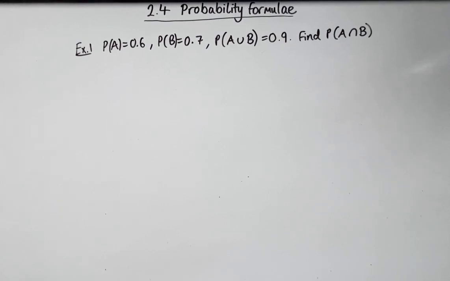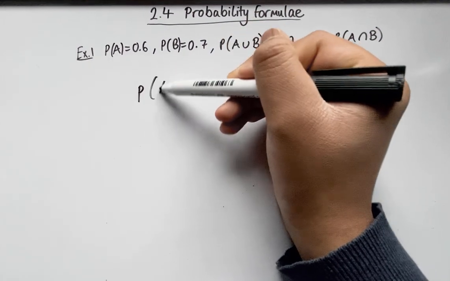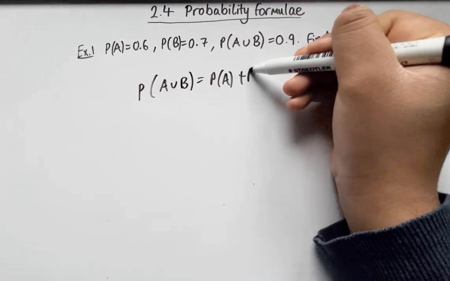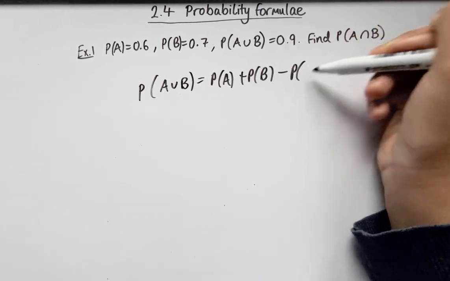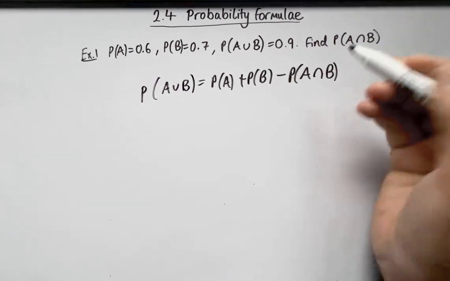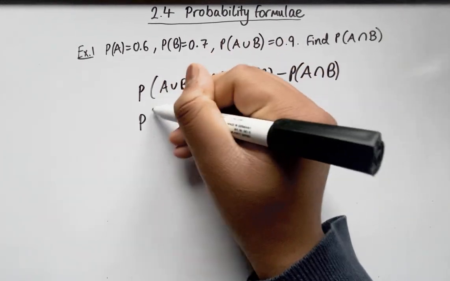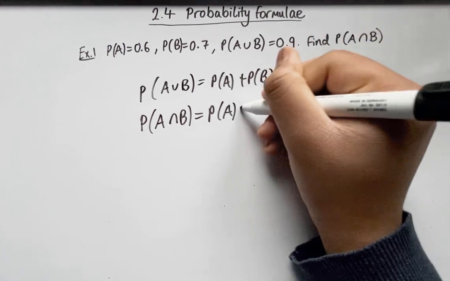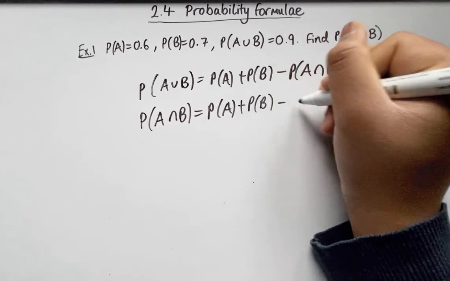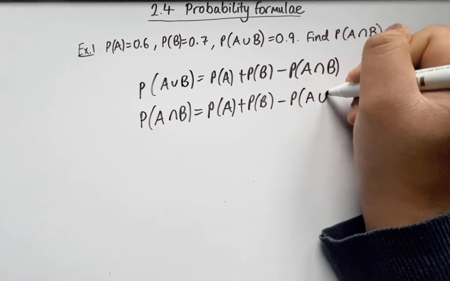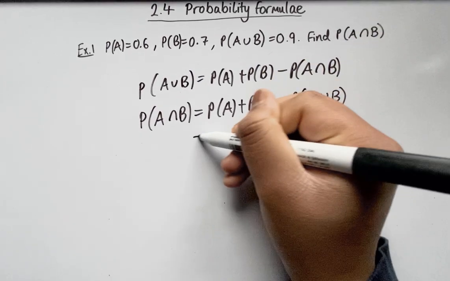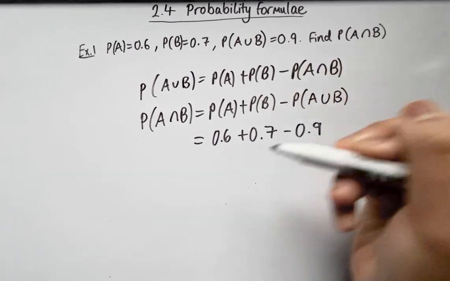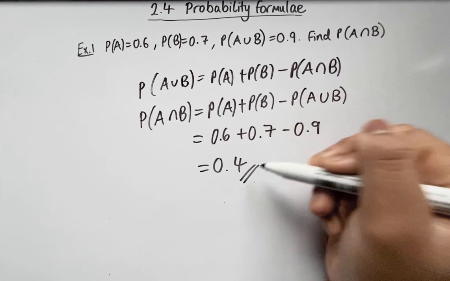Find the probability of A and B. We know the probability of A or B is equal to the probability of A plus the probability of B minus the probability of A and B. So if you rearrange to find the probability of A and B, you get the probability of A and B is equal to the probability of A plus the probability of B minus the probability of A or B. And so this will be 0.6 plus 0.7 minus 0.9, which will give us 0.4.